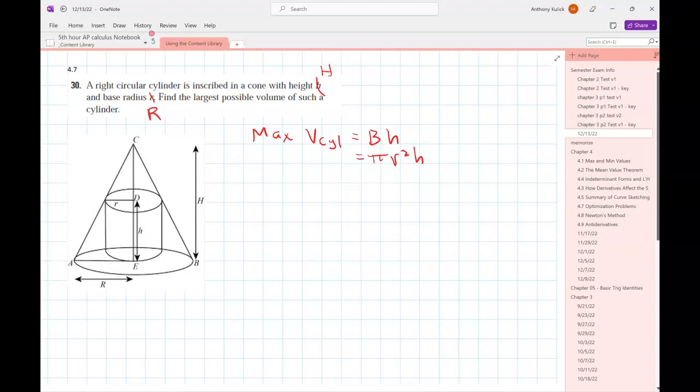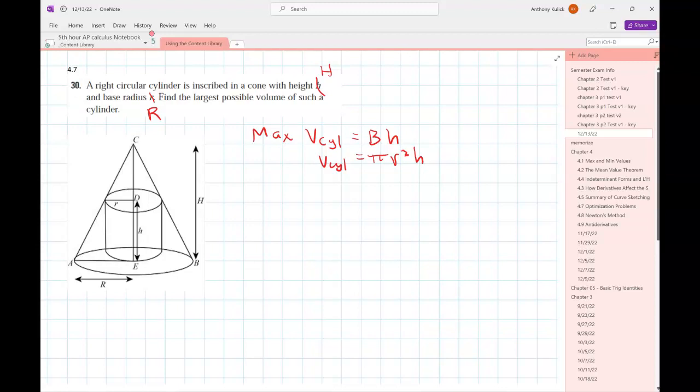Everybody's cool with what we've done there, assuming I'm using the labels from the picture I've given here? Now, what's the problem with that volume? There are two variables in it, R and H. So I need to find a way to eliminate down to a single variable.